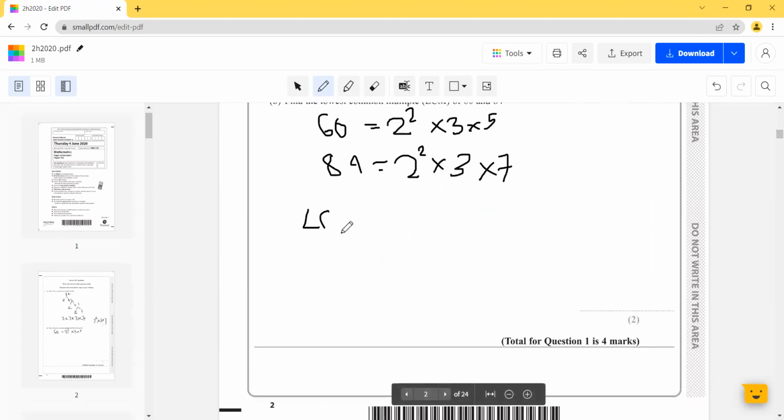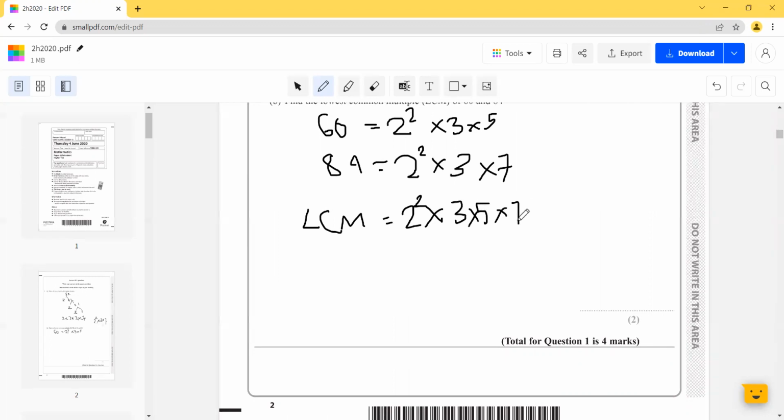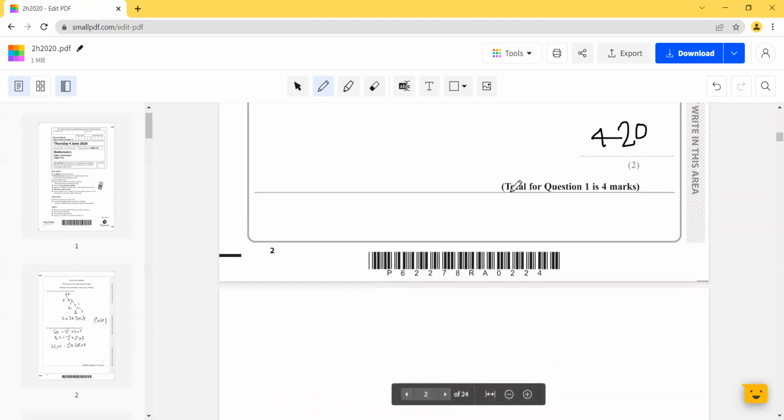So the LCM is equal to 2 squared times 3 times 5 times 7. Okay, so this is 420. Okay, moving on.